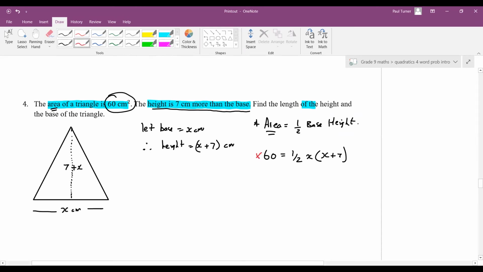So multiply both sides by 2 and cancel it that way. Or just put the 2 up to the top. You'll get 120 on this side. So 120 is x times x plus 7. So now we have something that looks like a quadratic. So we'll go here. We will get x squared plus 7x equals 120. Okay, so bring your 120 over.